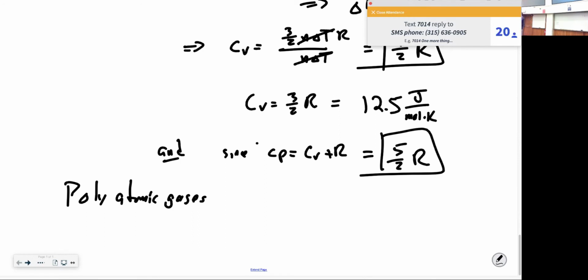It's basically a spring-loaded system. You can also make it rotate faster about a couple of different axes. And the more complex your molecule, the more of those individual vibrational and rotational states exist.